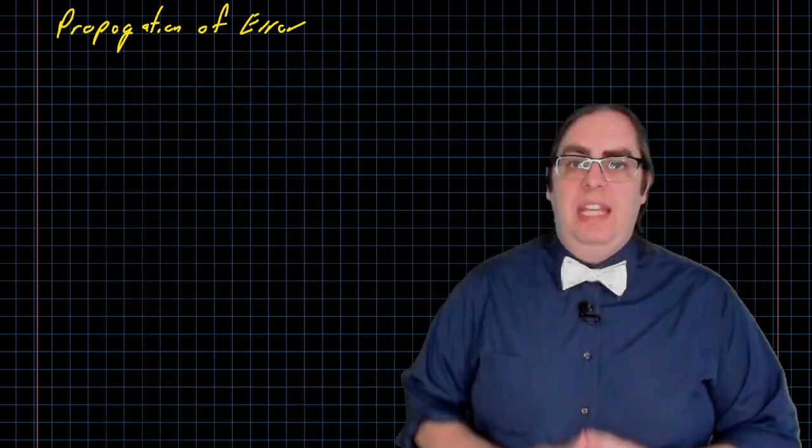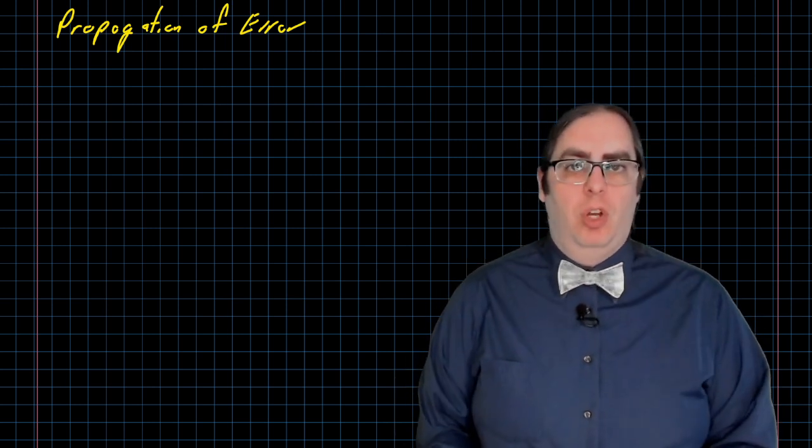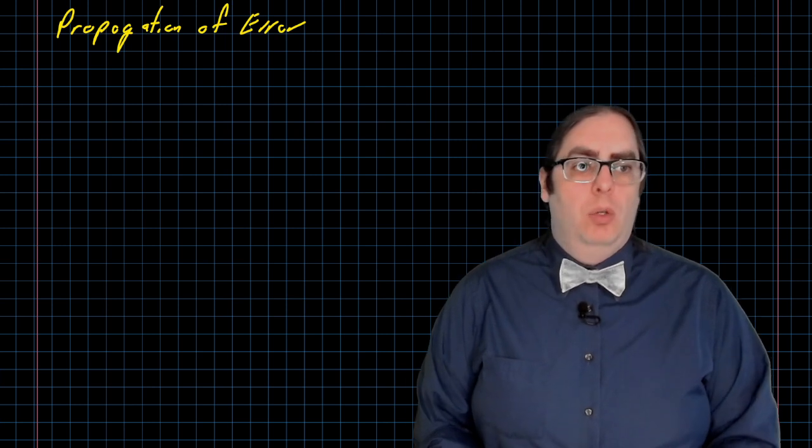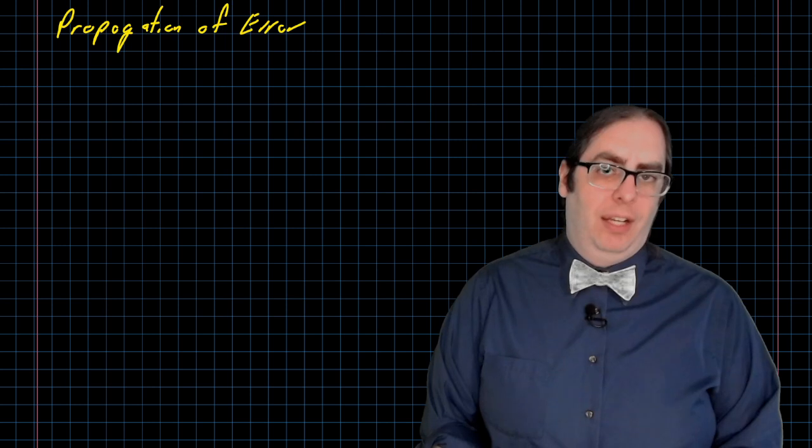Now that we have that rule in place, we can get into the heart of the matter. Propagation of error. If you have approximate values that you're doing calculations on, then what happens to the values after you've done the calculation?